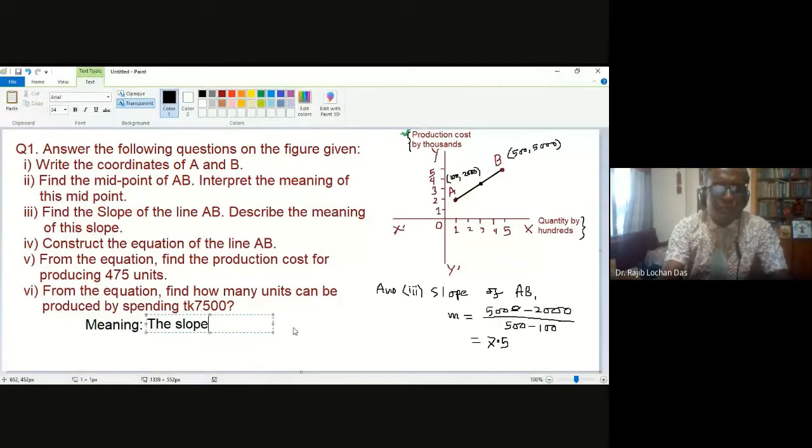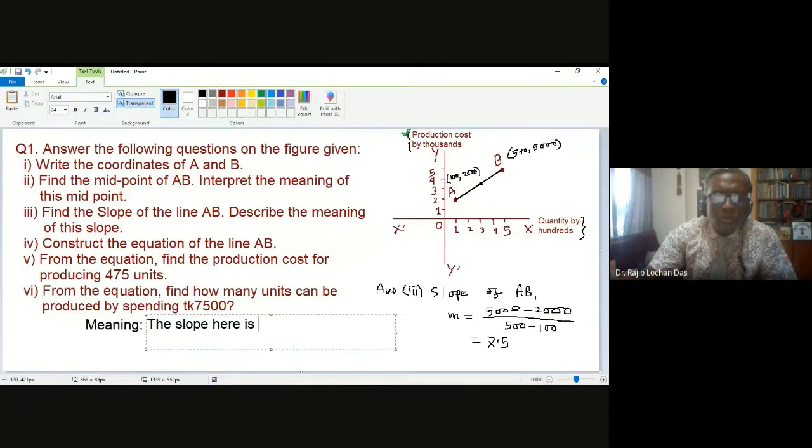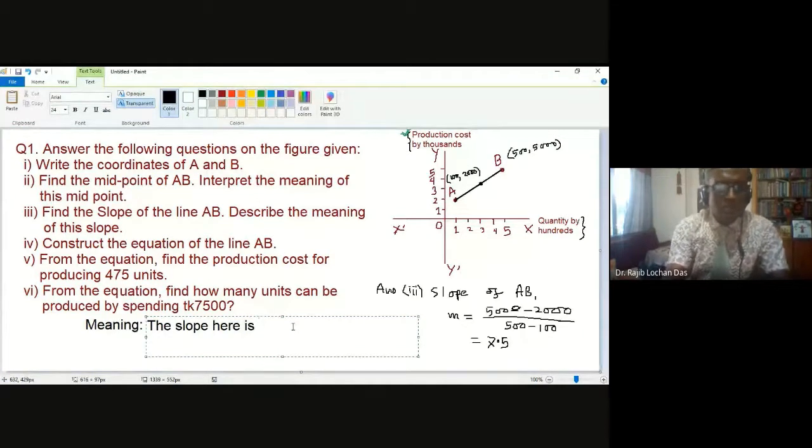The slope here is more than 1, that is greater than 1, and also positive.